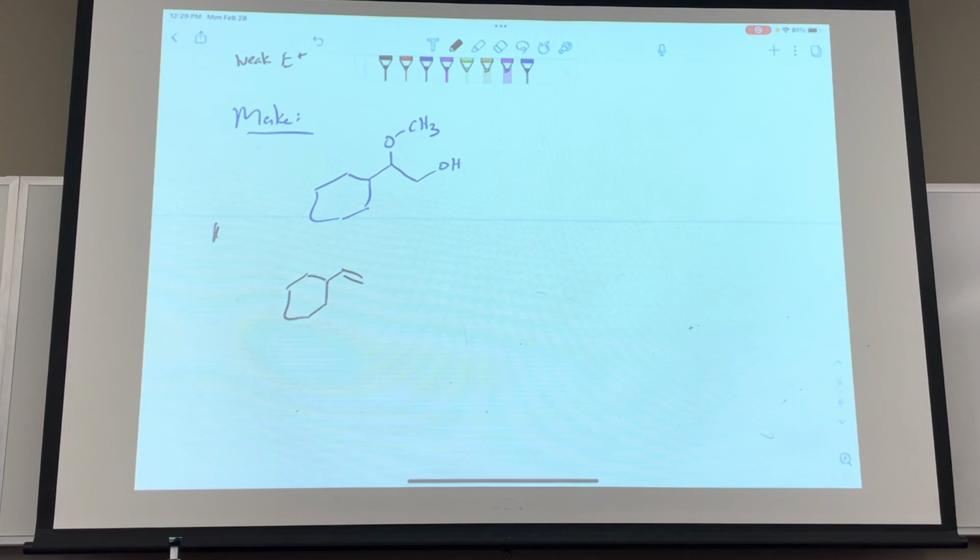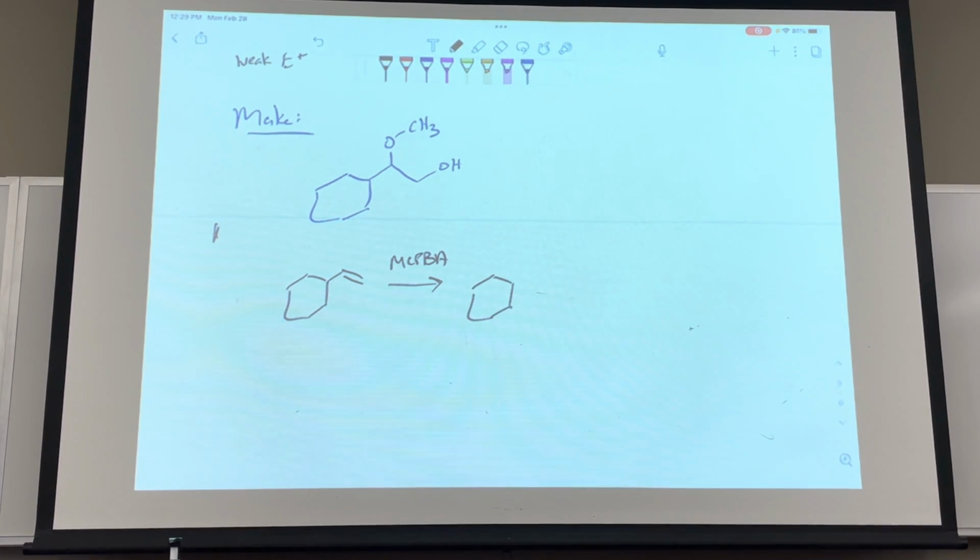Starting from that, if we epoxidize this, we would get that. And then would we be able to just throw in methoxide? Would that give us the product we're trying to make here?